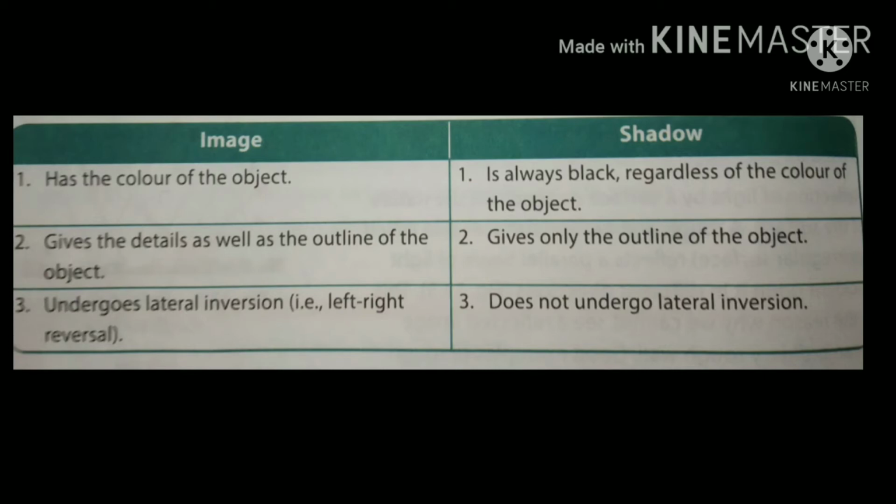Image gives the details as well as the outline of the object, but shadow gives only the outline of the object. Image undergoes lateral inversion, that means left-right reversal. In the case of a mirror, we already learned. But what about shadow? Shadow does not undergo lateral inversion. These are the differences between the image and shadow.